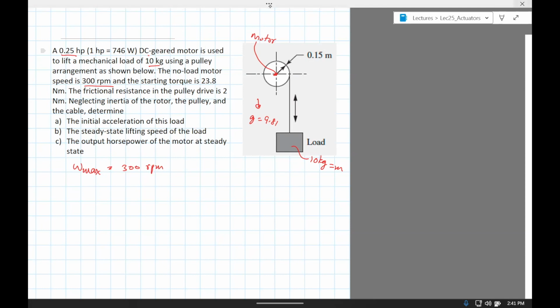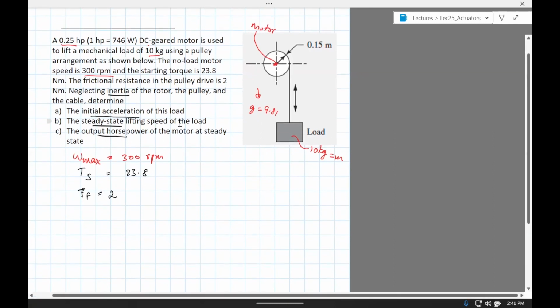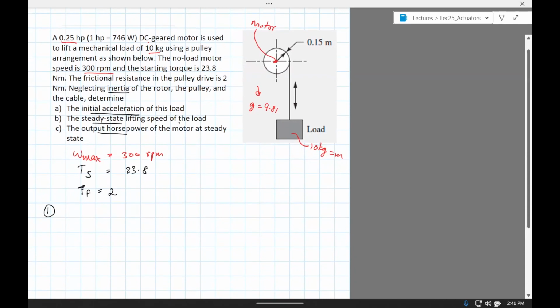And the starting torque is 23.8. So the stall torque is 23.8. It's the maximum torque which the motor can provide. The frictional resistance is neglected, as is the inertia of the motor, the pulley, and the cable. We need to determine the initial acceleration of the load, the steady state lifting speed of the load, and the output horsepower. So let's do it one at a time.